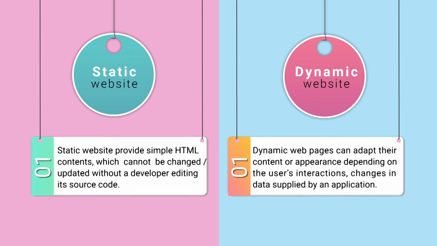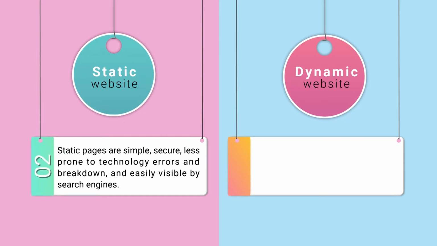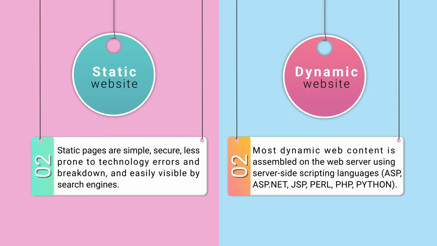Whereas, dynamic web pages can adapt their content or appearance depending on the user's interaction, changes in data supplied by the applications. Static pages are simple, secure, less prone to technology errors and breakdown and easily visible by search engine.